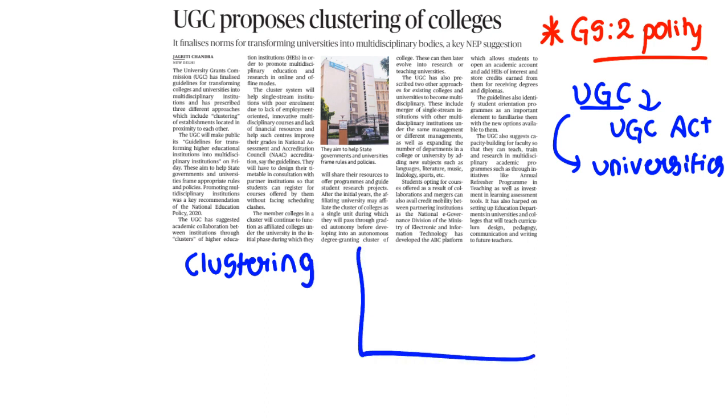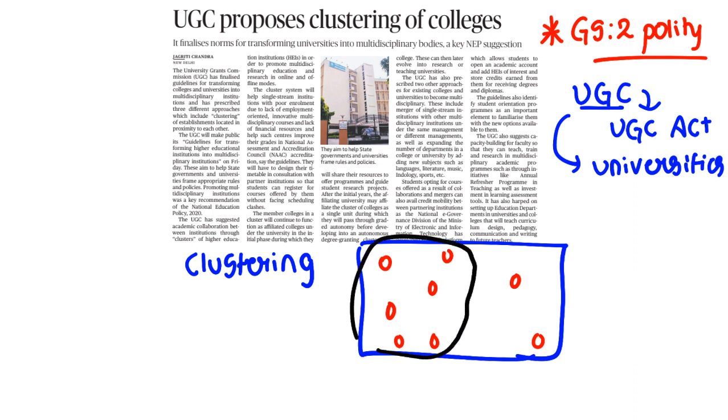Fine, see, take this is an area. In this whole area the colleges might be very different, clear? So are you getting? So these are the arrangements of colleges. Then right now UGC will ask all these institutions to combine. Why? See, this college might be good at one thing.